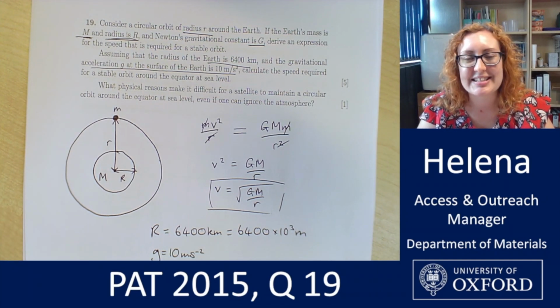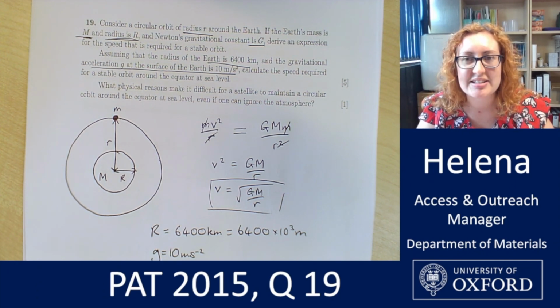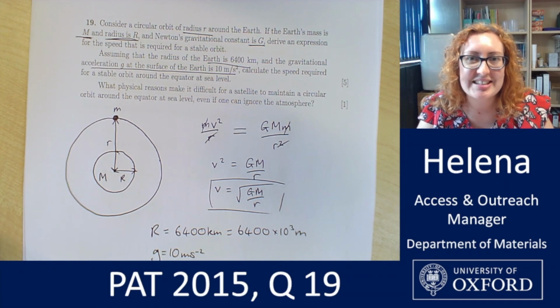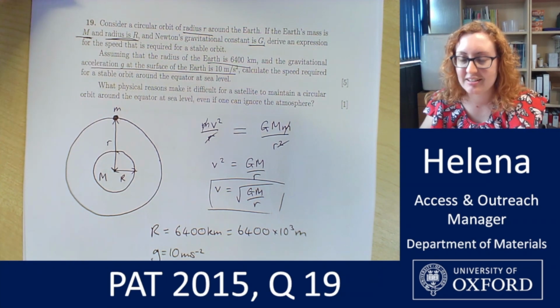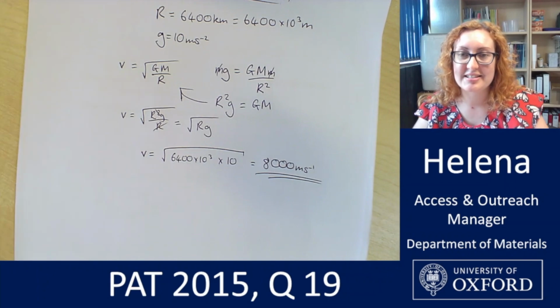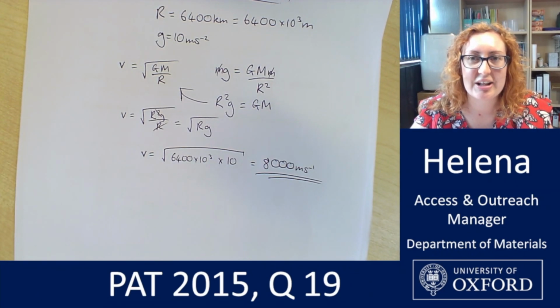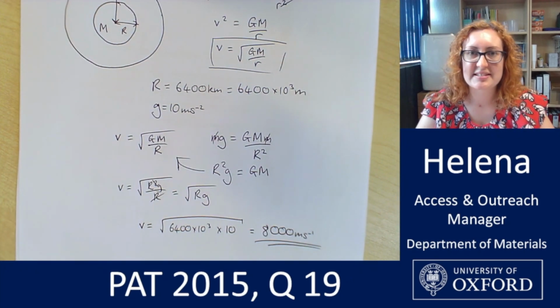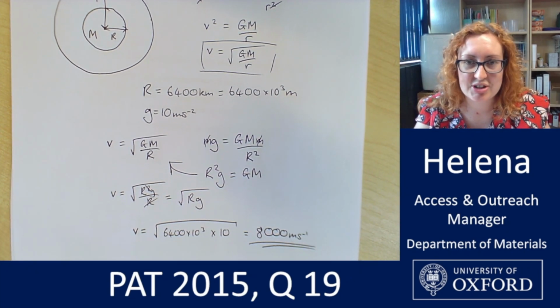So in reality, if a satellite is trying to stay at sea level and move around the equator, it's going to pretty quickly smack into something and smash. So physically, that's not possible. However, we've theoretically calculated the speed that it would need to be traveling at in order to do that. Okay, so that's one way to answer this question.